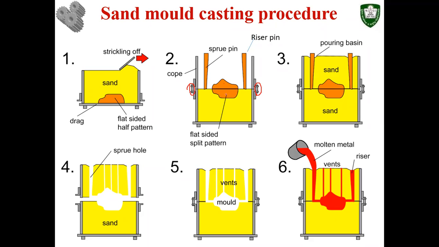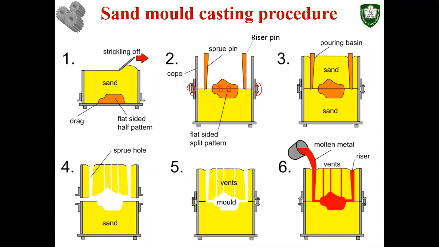You put the first half on the drag, then you turn it upside down, and then you put the second half. And how do you put the second half in position? There will be some dowel pins, at least two pins in here, so that both patterns can be aligned in place properly.